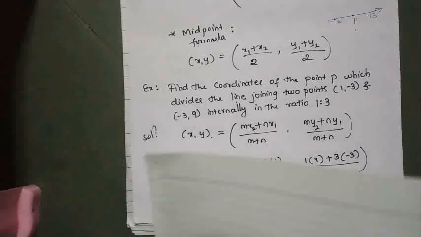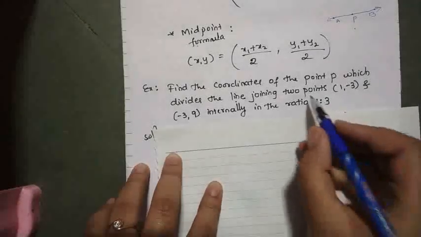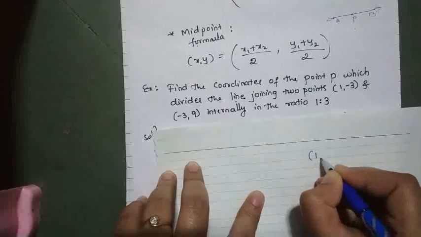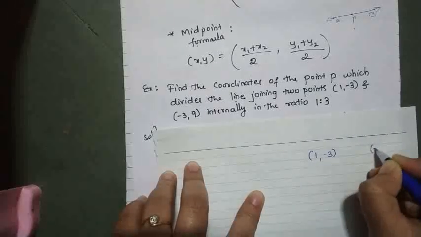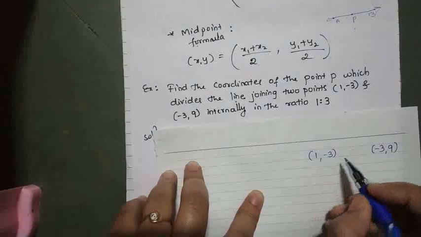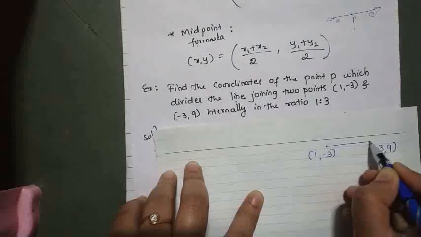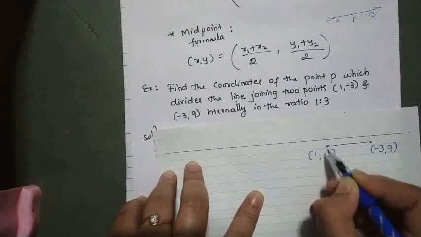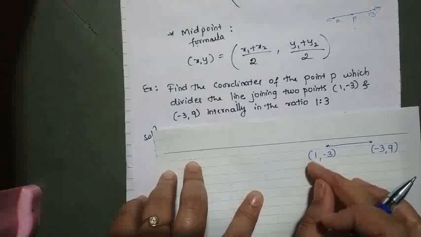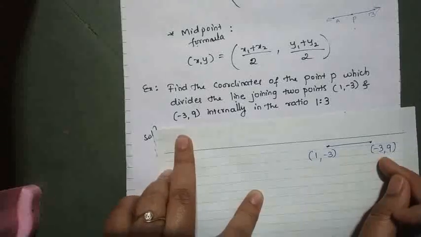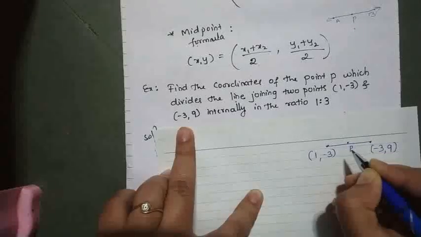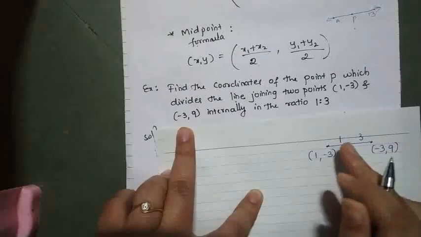So the given points are line joining 2 points: 1, minus 3 and minus 3, 9. Find the coordinates of the point P which divides the line segment joining 2 points 1, minus 3 and minus 3, 9 internally in the ratio 1:3.